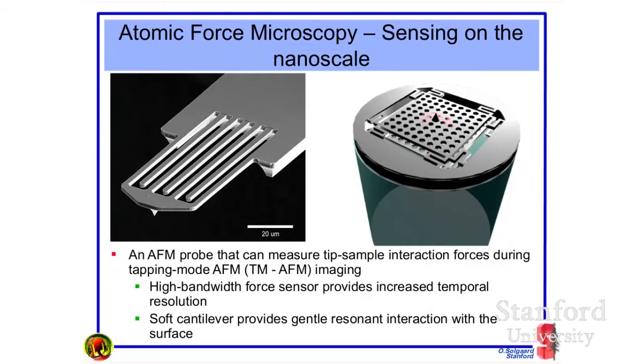Here's some of my work. This is an atomic force microscope. So this allows us to sense things down to the nanometer scale, maybe as little as 1 nanometer, more typically 10 nanometer resolution. I showed two different versions here. Both of them have this same thing. If you look, there is a spring, and there's a mass associated with that spring, sort of at the end of the spring, that allows us to vibrate.